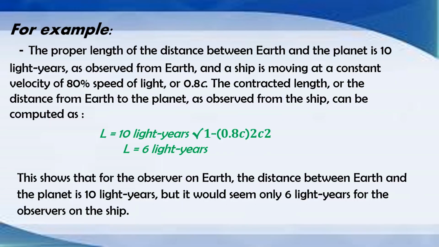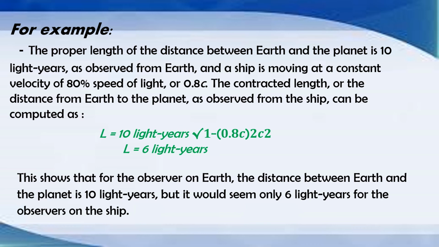So for example, the proper length of the distance between Earth and the planet is 10 light years as observed from Earth, and the ship is moving at a constant velocity of 80% the speed of light, or 0.8c.